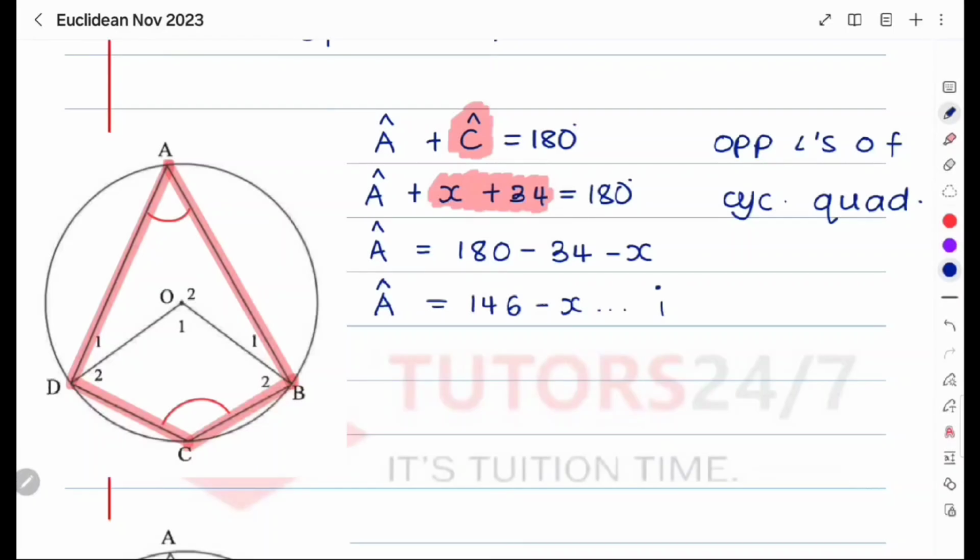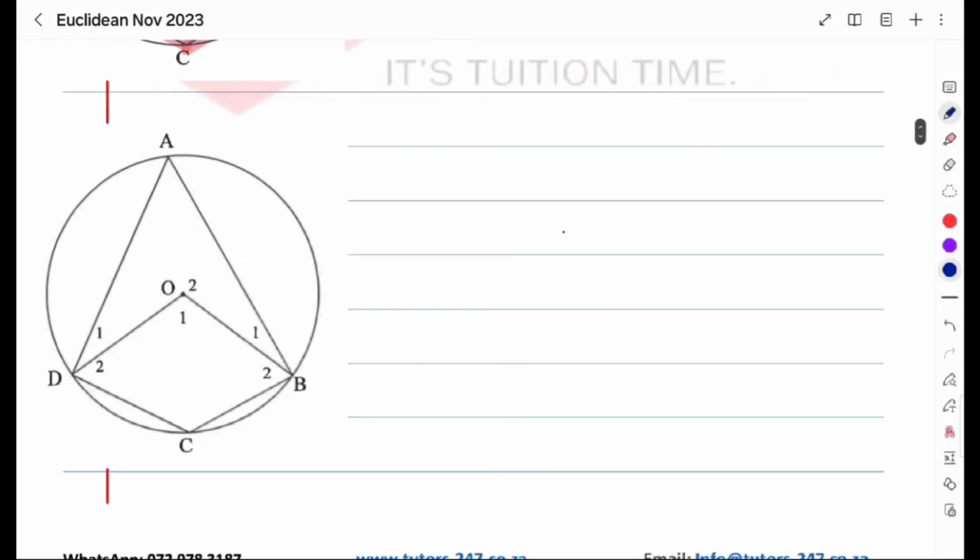We are then going to take the value of A and substitute it into the next equation. So here, we are going to use the theorem that states the angle at the center, in this case it's angle O1, is 2 times the angle at the circumference, in this case the angle A. So those are the two angles we will be focusing on.